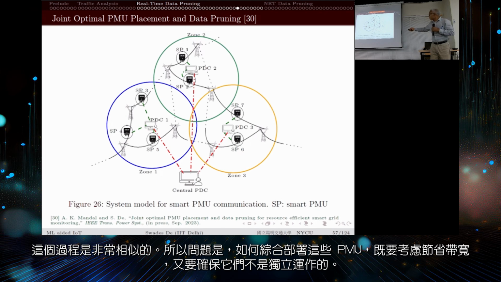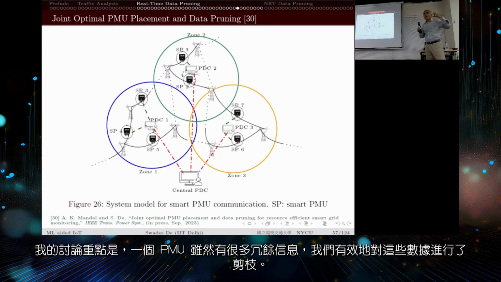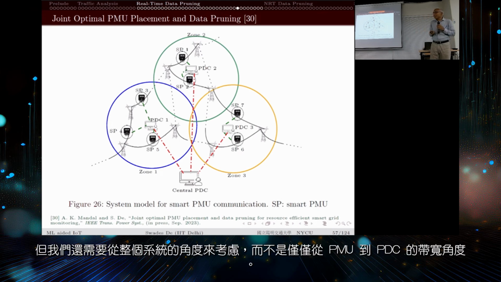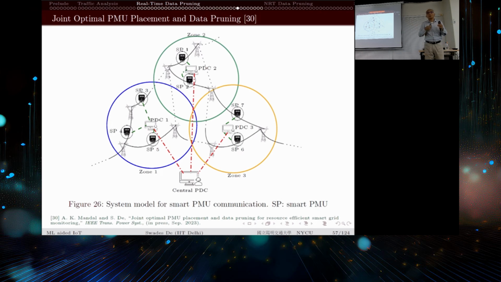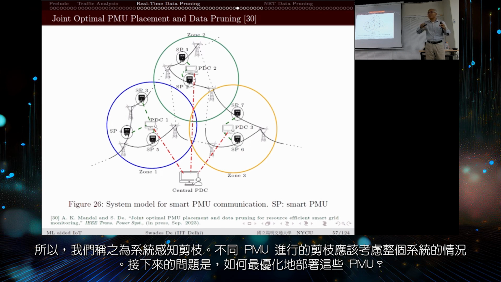So the question is, combinedly, how do I deploy these PMUs optimally, where these PMUs are interested in saving bandwidth, but at the same time are not necessarily behaving in isolation? So far my discussion was that one PMU has a lot of redundancy and I am pruning the content efficiently.